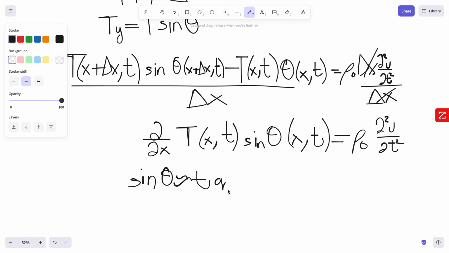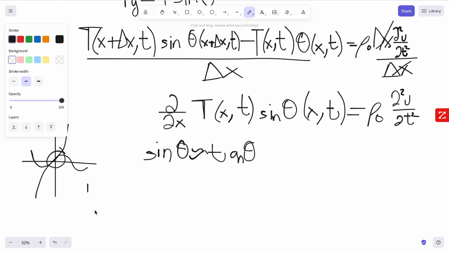If you want some intuition for this, you could think of it visually. If you look at the graph of tangent theta, it looks something like this. And if you look at the graph of a sine wave, it looks kind of like this. So you could see how very close to the origin at small angles, they follow a similar trend.